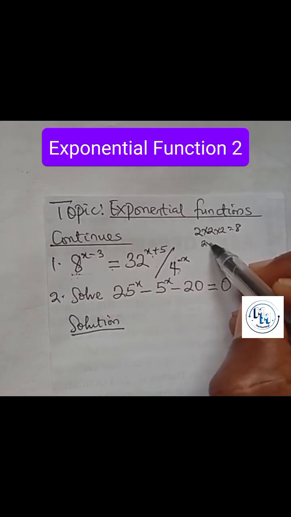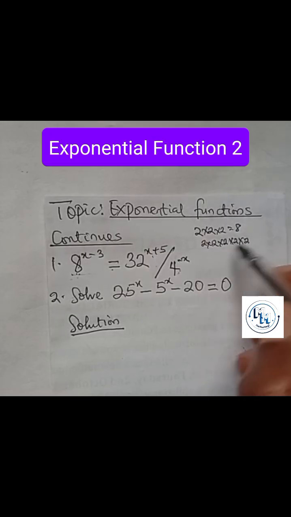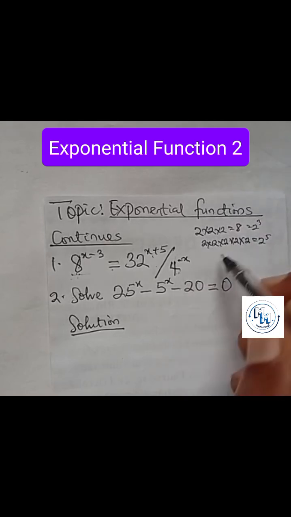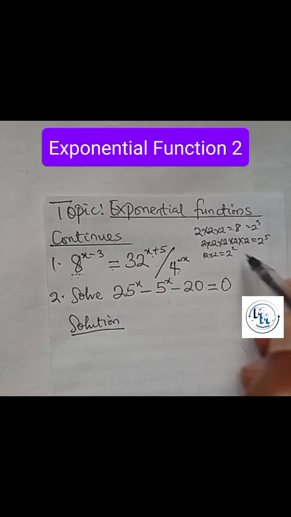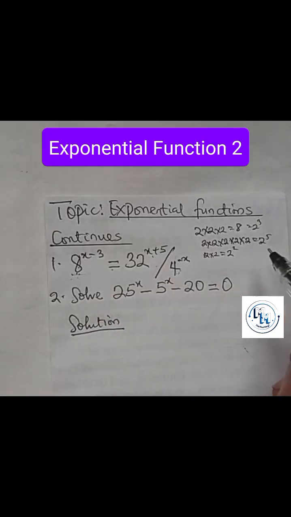Since 2 times 2 times 2 is 8, 8 times 2 is 16, 16 times 2 is 32. That means this is 2 power 5, and this is 2 power 3. Then 4, of course, is 2 times 2, which is 2 power 2. So if I have 2 as the base for each of these numbers, it really works.